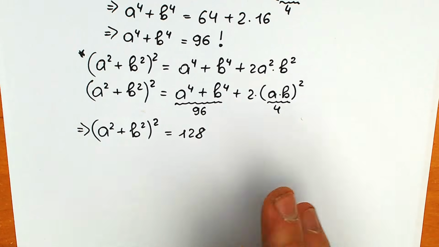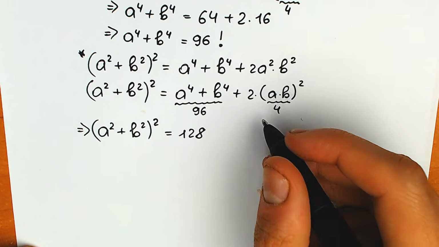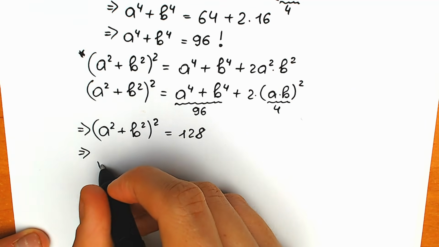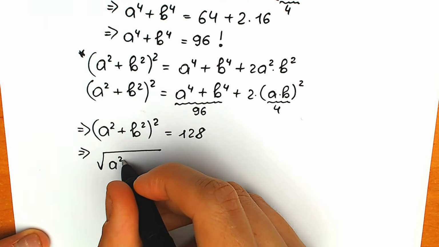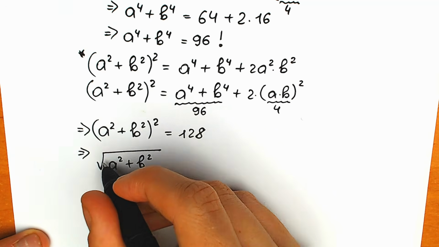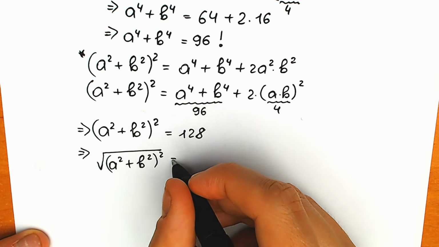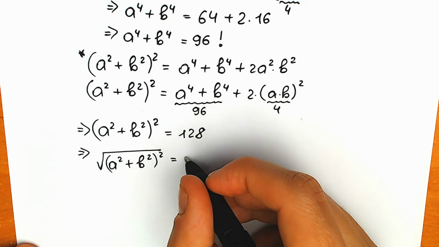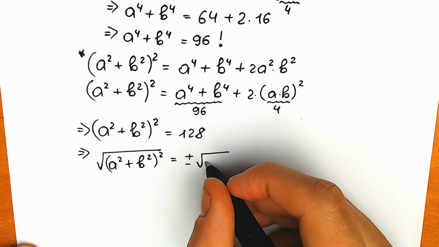And right now, let's apply the square root to both sides. So we have the square root of (a square plus b square) to the power 2, the expression on the left side, and the expression on the right side. So we will have plus minus square root of 128.